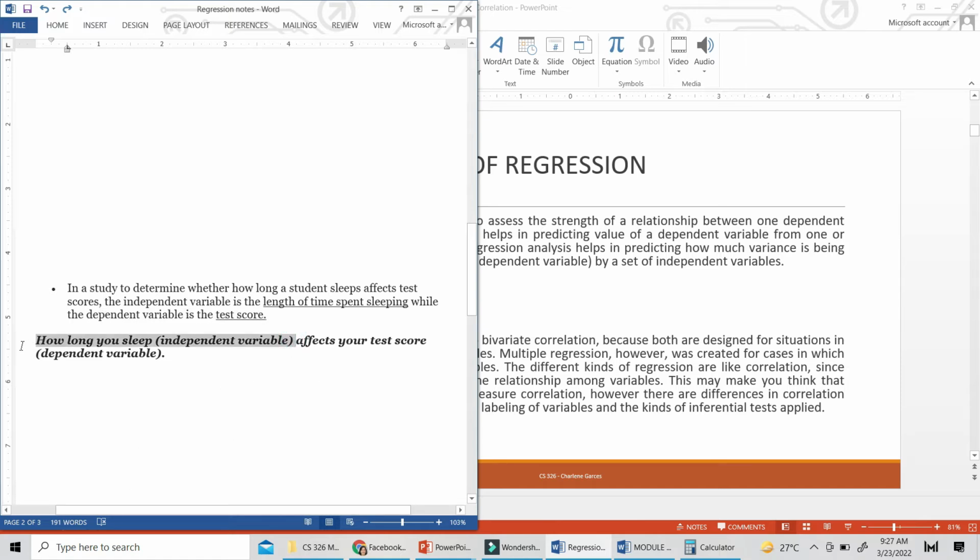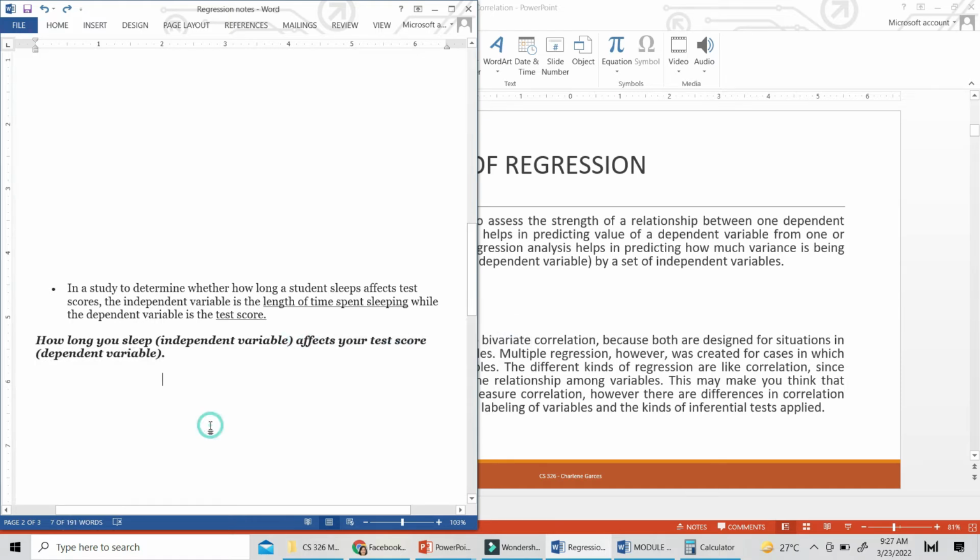That will be your independent variable, because it can stand on its own. Depende lang na sa inyo whatever the amount of sleep you are getting. However, ang test score ninyo, it will affect kung natulog ra ba mo or nagtuon mo, or if you are cramming or not. So it will affect your score during that day as well.